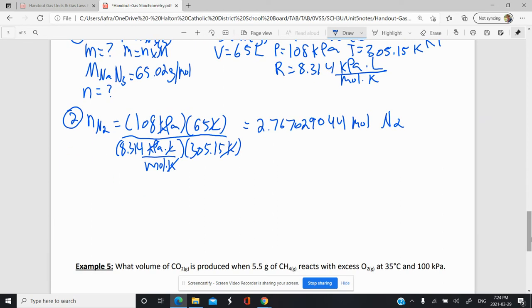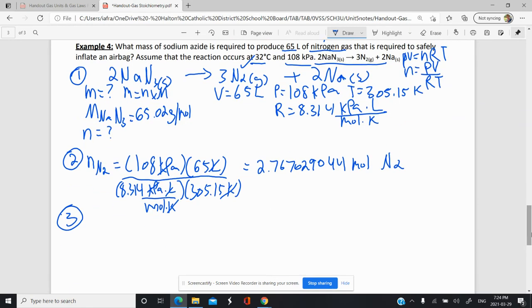And so now what we're going to do is use our mole ratio to figure out the moles of NaN3. So our mole ratio is that we have 3 nitrogens for every 2 sodium azides. And so the moles of sodium azide is going to be equal to 2.7670290044 moles of N2.